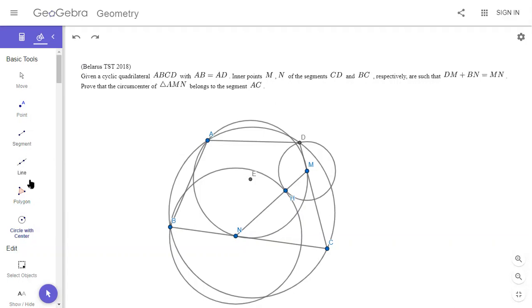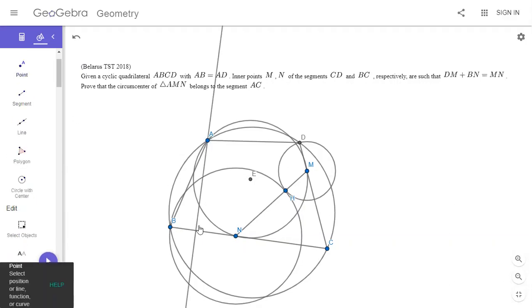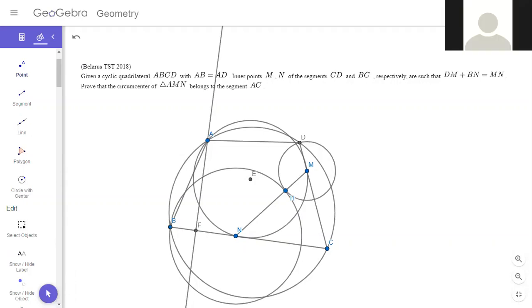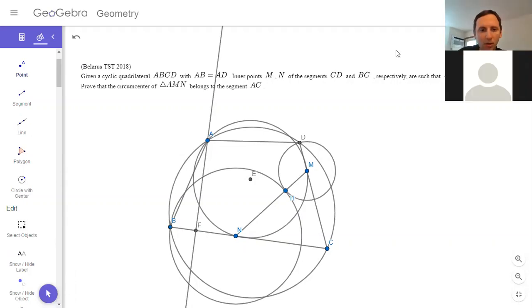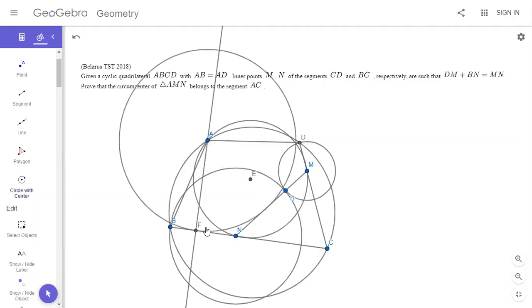Let's see. Yeah, I want to show A is the excenter of triangle MNC.